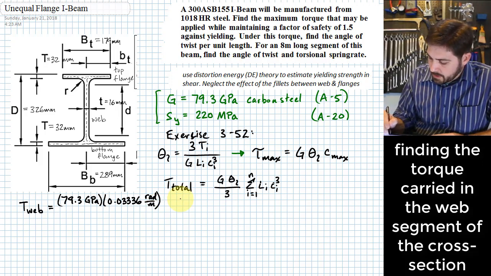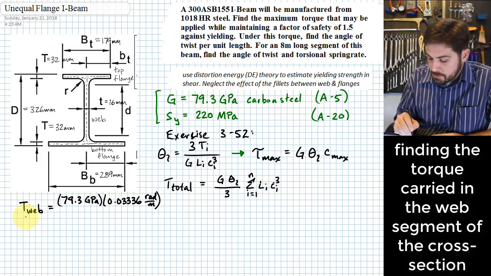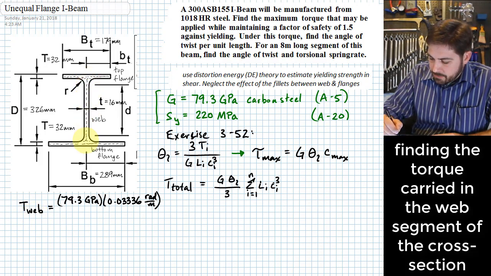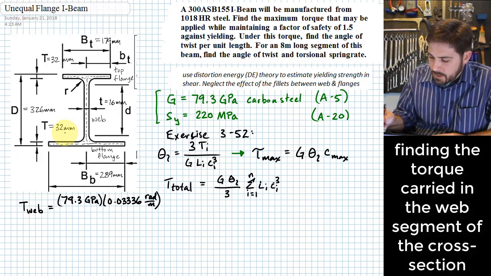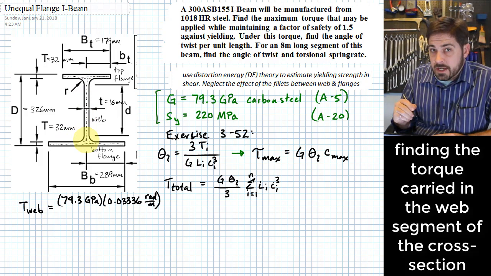The next two parameters we need are the length of the median line of this particular segment. You'll notice, based on how I defined that web, it actually stops short of the entire depth D. So we basically need to take the entire depth D and subtract off 2 times our 32 millimeters, 2 times our 32 millimeters, in order to get the length of that median line of the web.